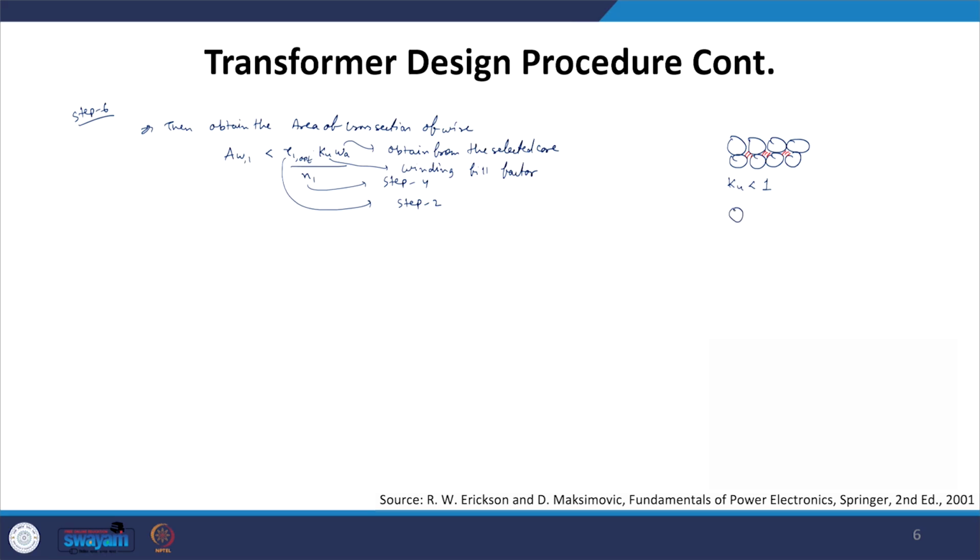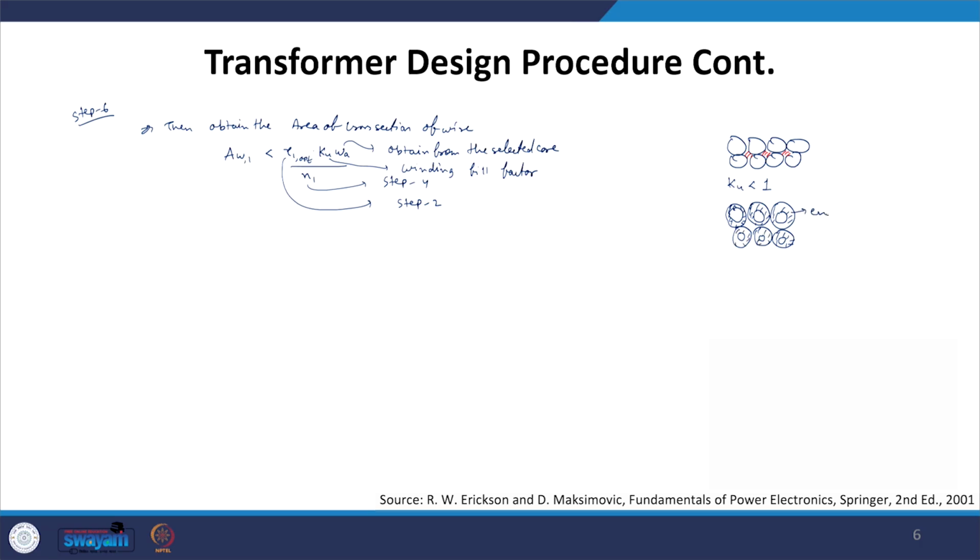Also in the windings we have the enamel coating, such that nearby conductors do not get short circuited or come in contact with each other. Now, if we place the windings like this with enamel coating on them, then obviously there are areas which are not used.